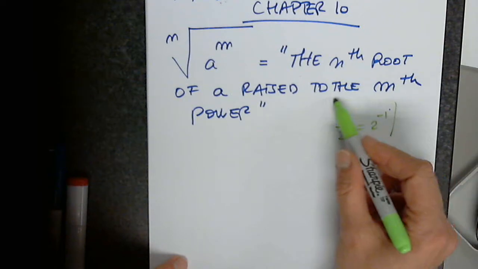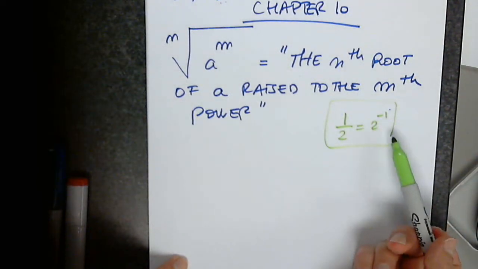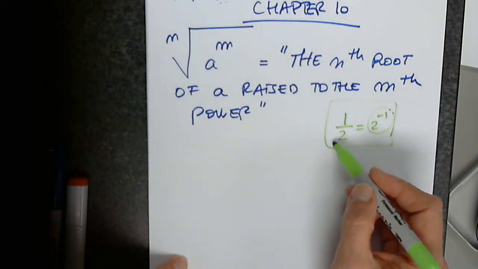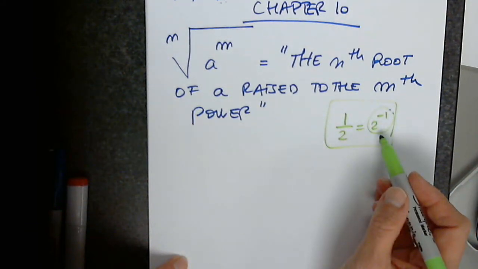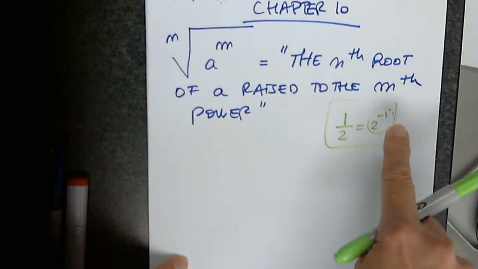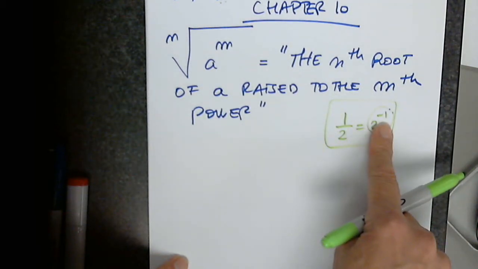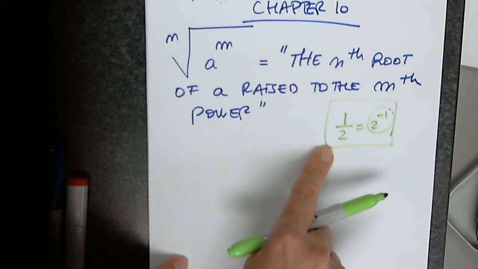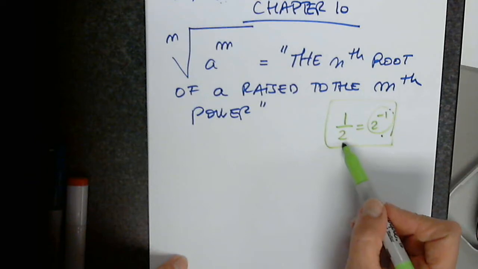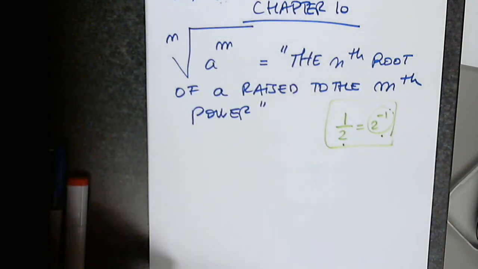You can say, wait a minute, why do I really need two notations for the same thing? Well, sometimes this is more convenient than this. Sometimes this is more convenient than that. So it depends on what I have to do. I cannot add quantities with negative exponents. I have to change them into fractions to add them. The same thing here.